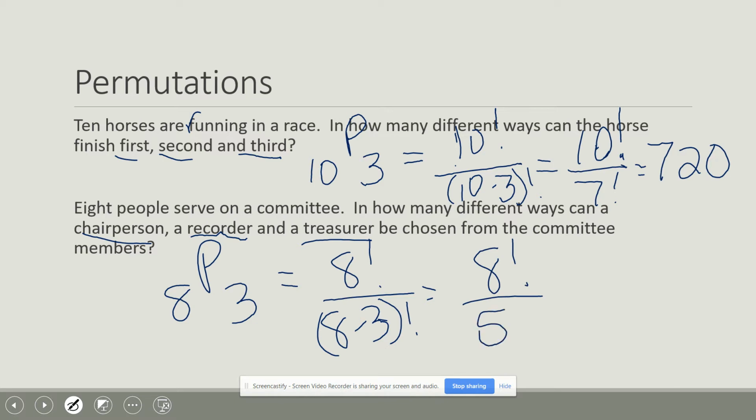So 8 factorial over 5 factorial leaves us with 336. So there's 336 ways we can arrange 8 people on a committee to the 3 different positions.